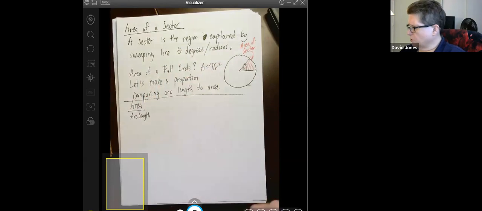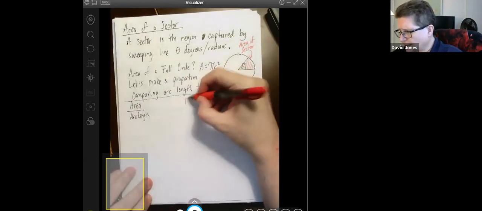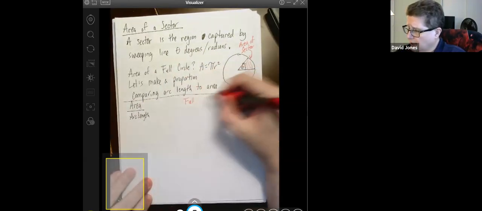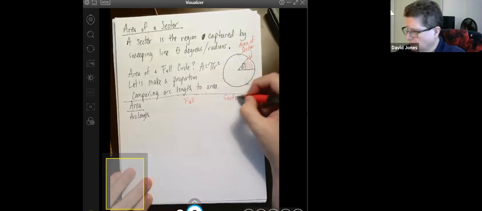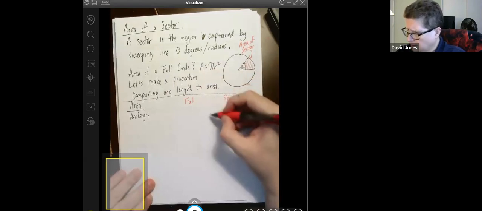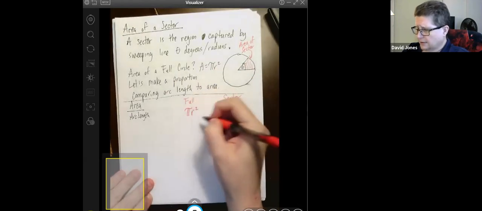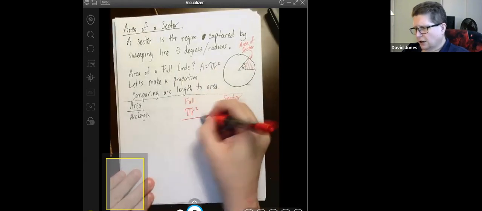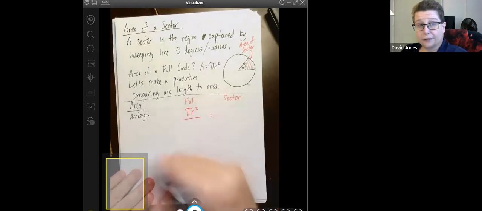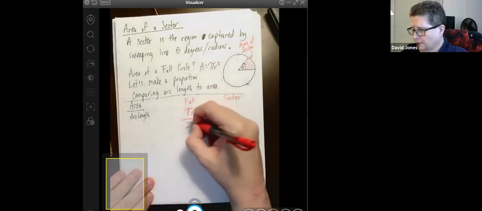We'll do the full circle on the left side and the sector on the right. We've got pi r squared is the area. The arc length we know is the full circumference, 2 pi r.